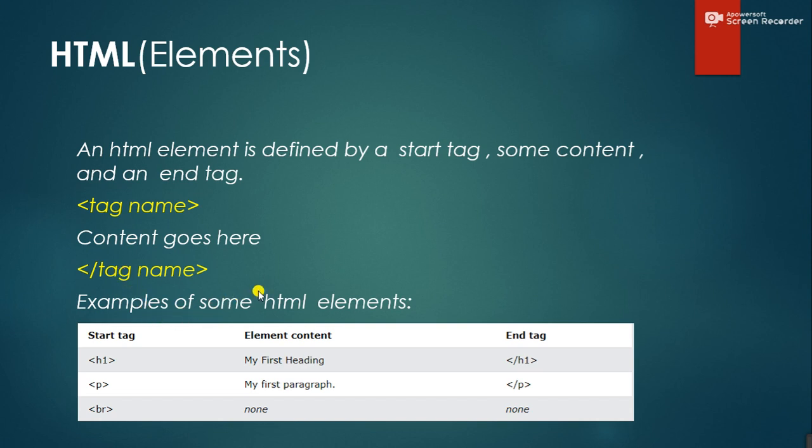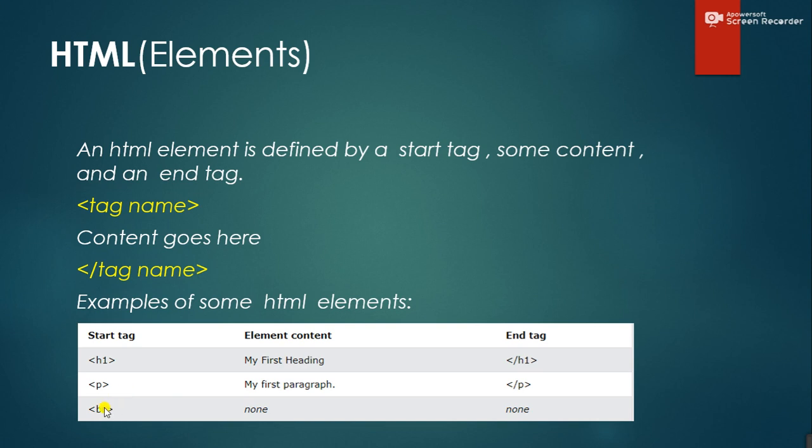Some examples of HTML elements are as follows: start tag h1, element content, my first heading, end tag with slash. You can see that on the end tag the slash is necessary. Similarly, p has a start tag, element content, and an end tag with the slash.